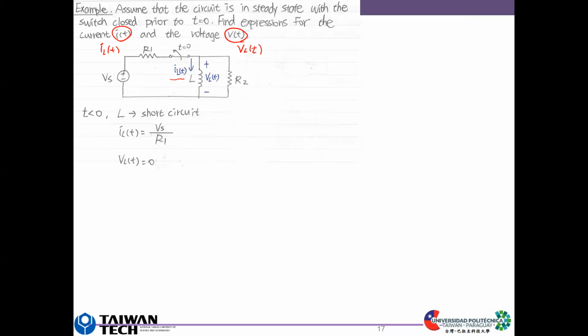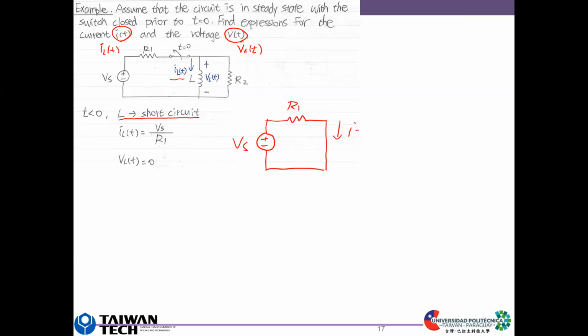First, because the switch is initially closed, it is in steady state. For steady state, the inductor functions as a short circuit. So the circuit is Vs, R1, and the inductor becomes a short circuit.